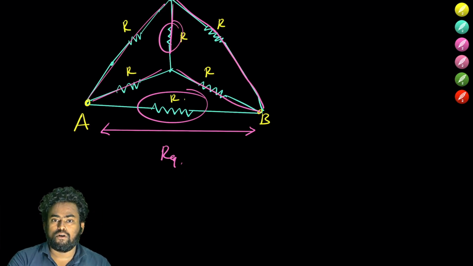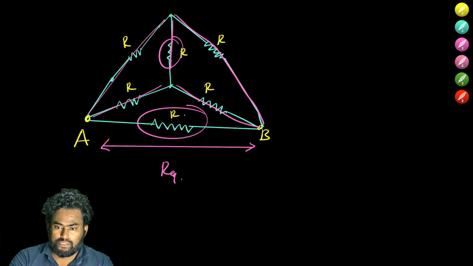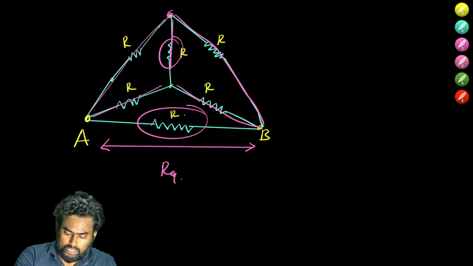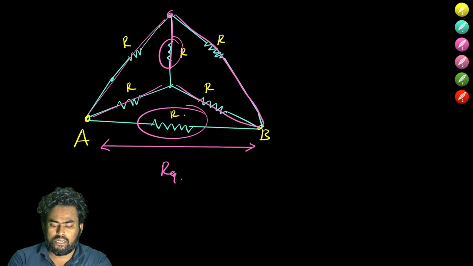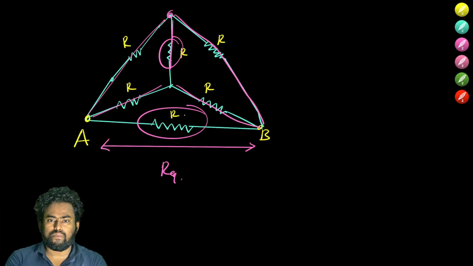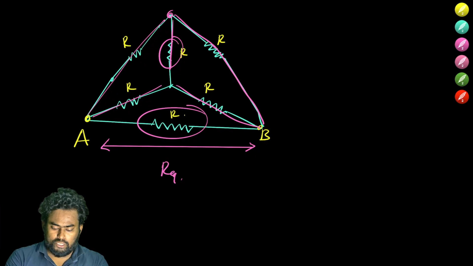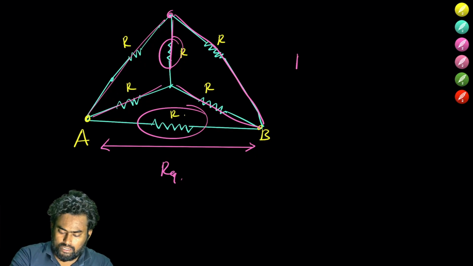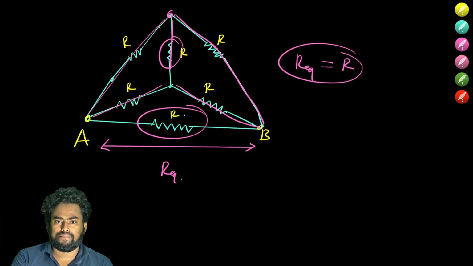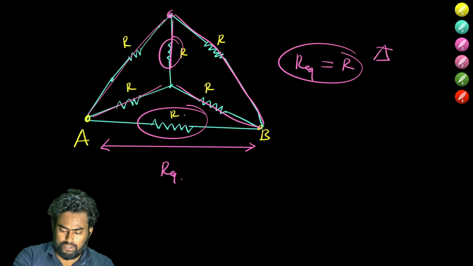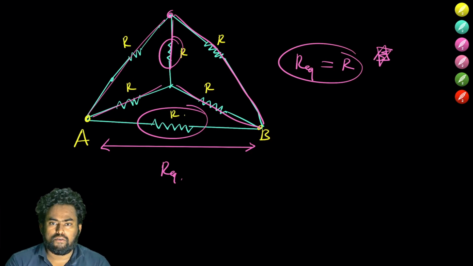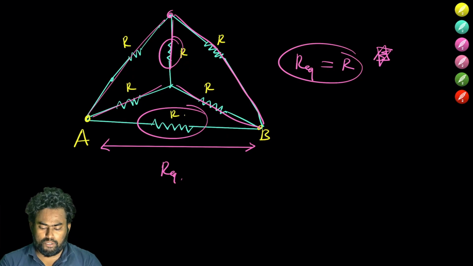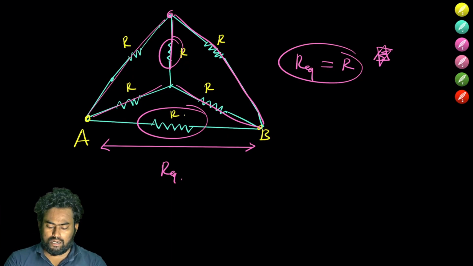And in a Wheatstone bridge, we know that when all of the resistors are equal, it becomes a balanced Wheatstone bridge, and the equivalent will be R itself. Remember this point.